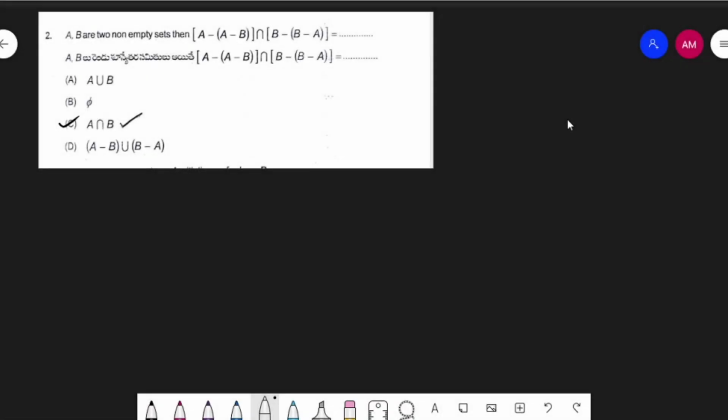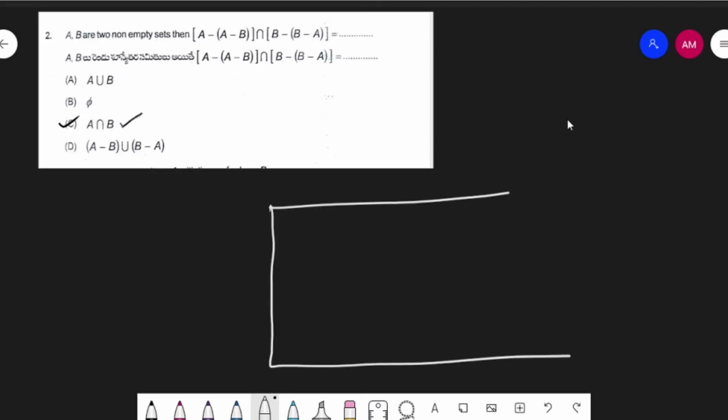Let us move to the second problem. It's from sets. Given that A and B are two non-empty sets, we have to find what will be (A minus B) intersection (B minus A). So, consider a Venn diagram.